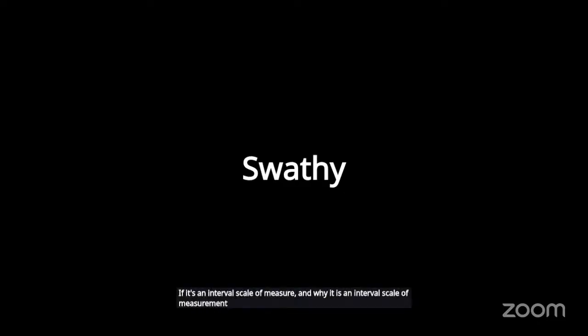From that you have to identify what the categorical and numerical variables are, what the scales of measurement are, and what the discrete and continuous variables are. And you have to visualize the data set. You have to give reasons why it is categorical or numerical, why it is an interval scale of measurement, and why it is a discrete or a continuous variable.